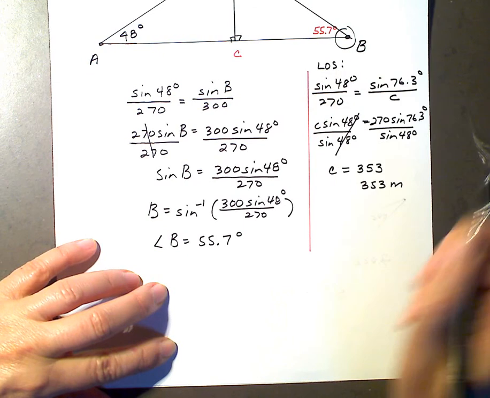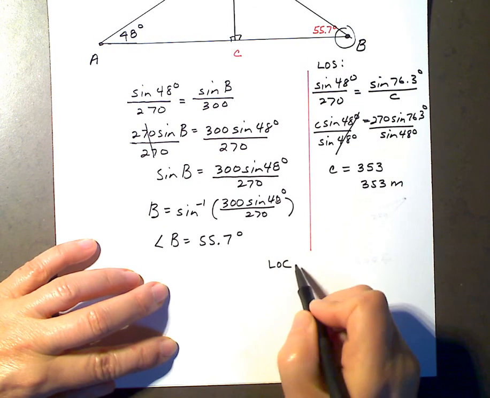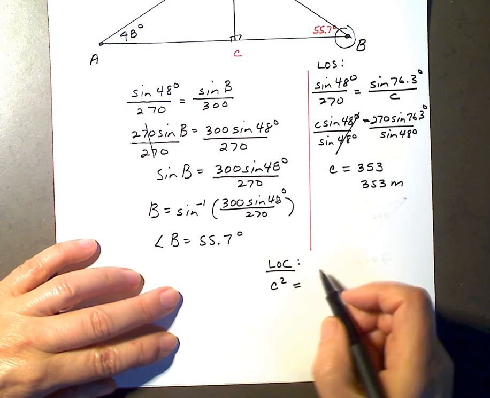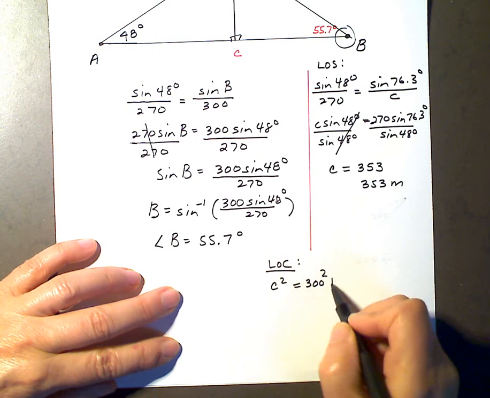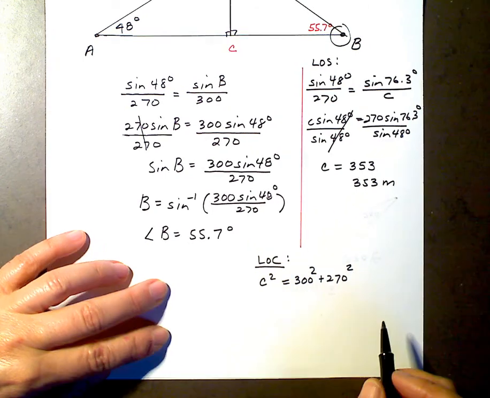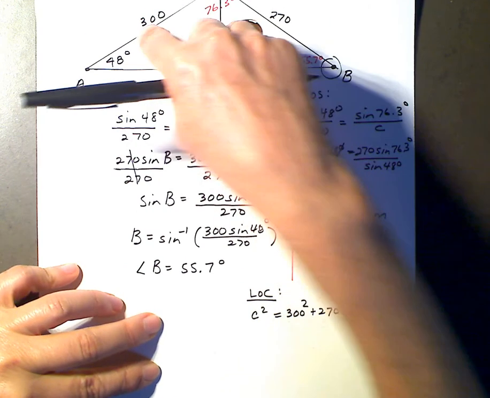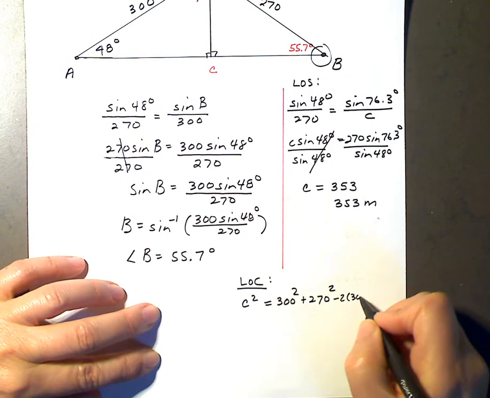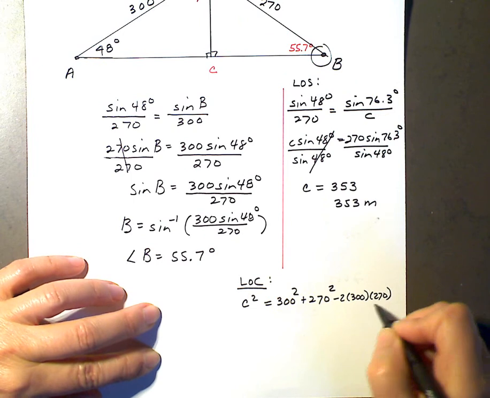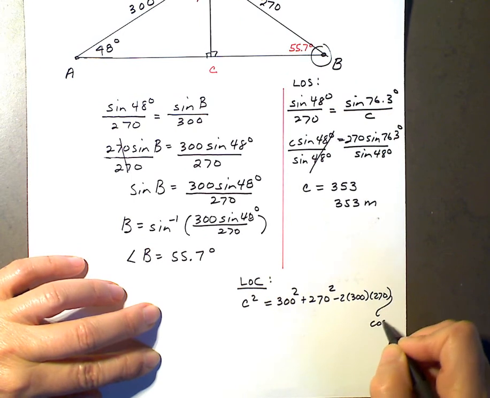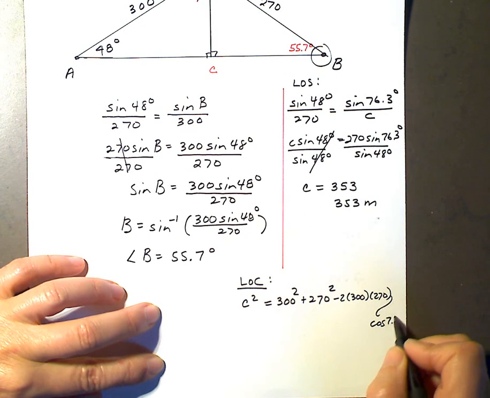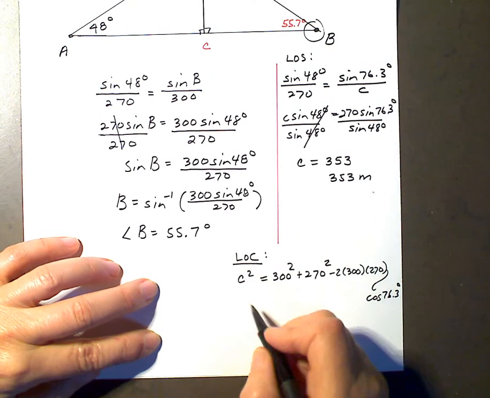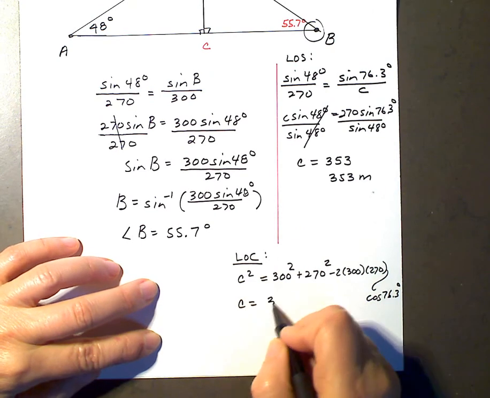If I want to use the law of cosines to solve for side C, I could say side C squared is equal to the sum of the squares of these two sides that surround angle C, minus twice their product, times the cosine of angle C, which is 76.3 degrees. So when I simplify this and take the square root and solve for C, I will also get 353.